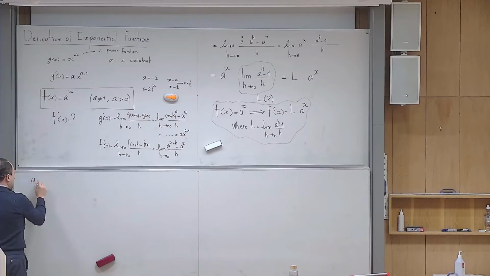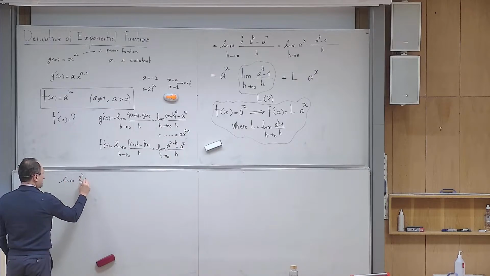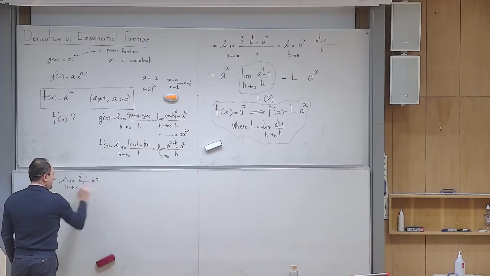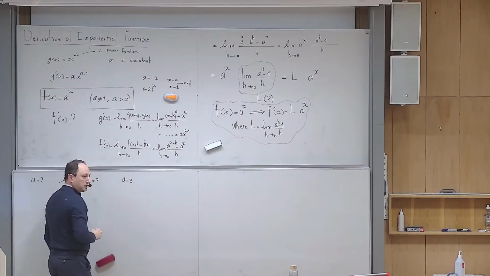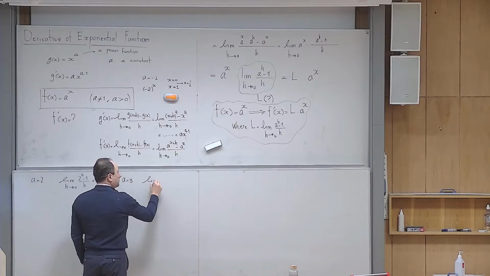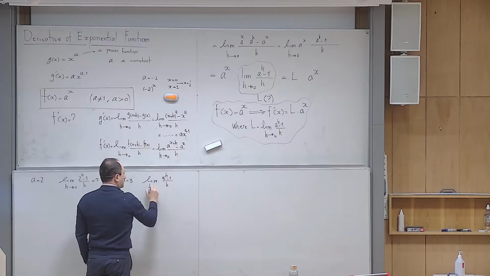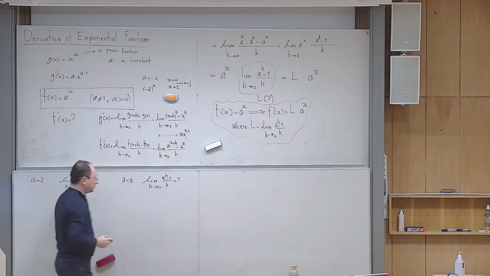One case, let us take a to be 2, and then let us see how this limit works. Yes? Let us understand this. And once more, let me take a to be 3, and then replace a with 3 this time. h goes to 0. Let us see what can I say about these two.